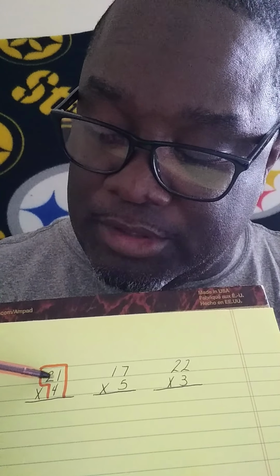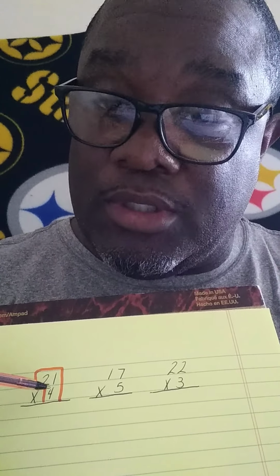I'm going to draw the dinosaur head. So here, on the second step, you can see I drew my dinosaur head. Now we have 21 times 4. Our first step is to take the 4 times 1.